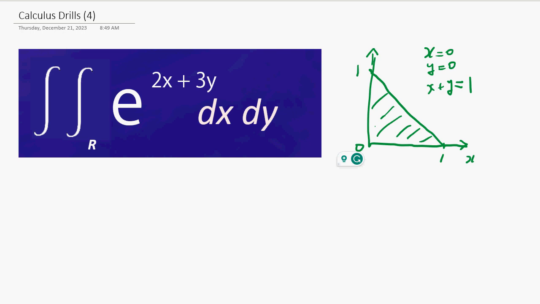So basically the triangle area, and this exponent function is like, if you look at the x, it's going like that. Right?